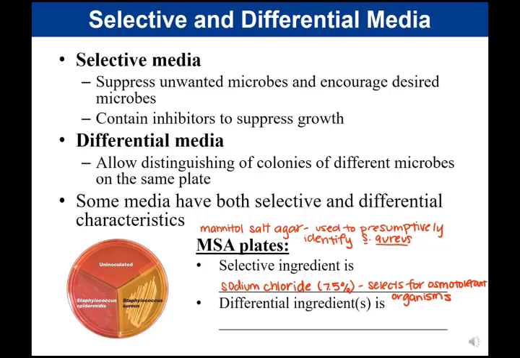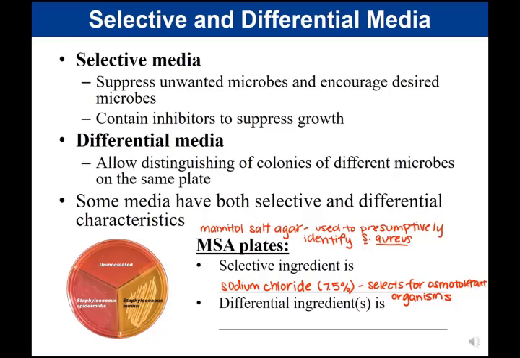If we look at this plate, you can see this uninoculated. It actually would look the same in that quadrant if we had inoculated with E. coli. E. coli is not osmotolerant, and therefore if inoculated on an MSA plate, it's not going to grow. And so sodium chloride in this case would be our selective ingredient.